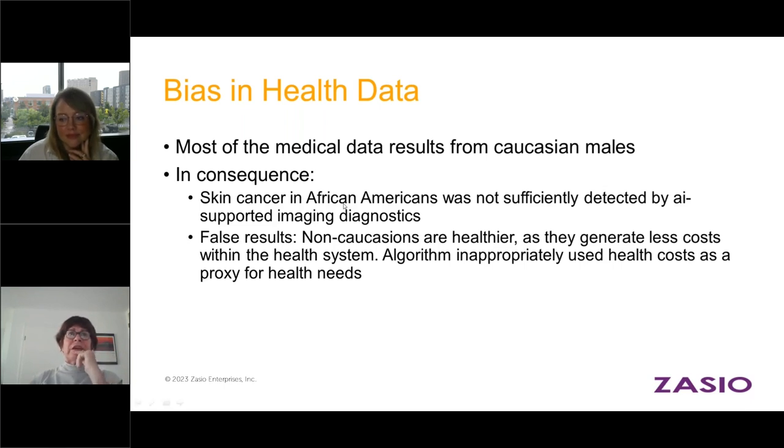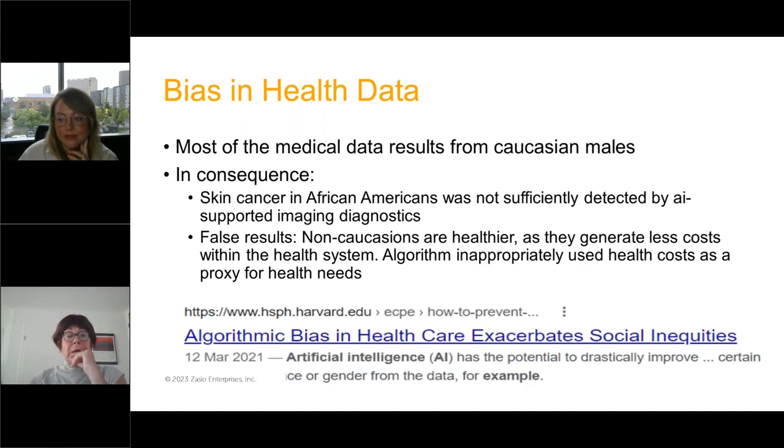But it also can generate false results, because non-Caucasians, as an example, were seen as healthier, as they generate less costs for the health system. So it's a pretty stupid mistake. The algorithm was basically just taking data that looked at healthcare costs as the proxy for health needs, and we all know that it's actually usually the other way around.